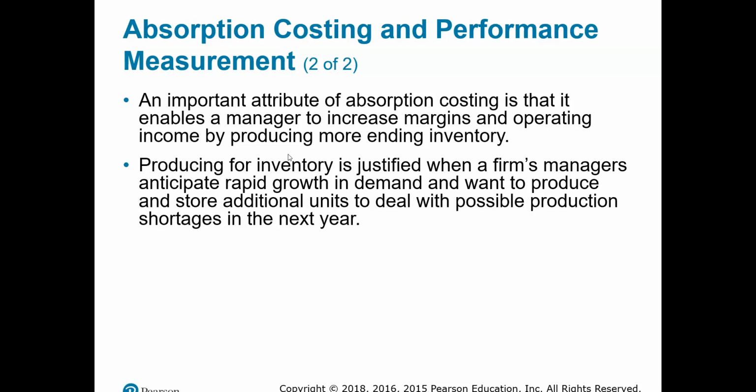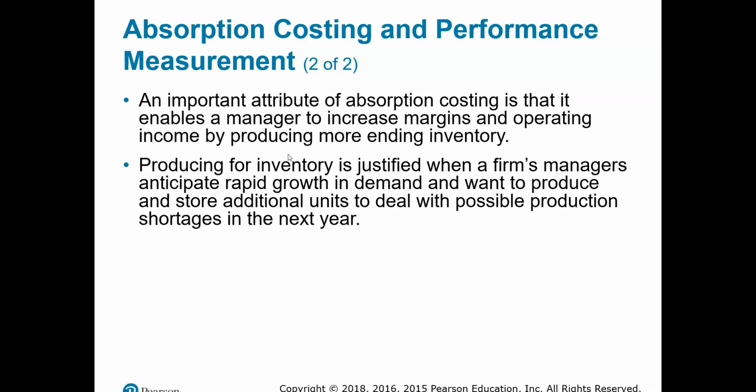That's because the same amount of fixed manufacturing costs in total is going to be reduced on an inverse basis to a cost per unit. So when we're producing more units, we can flood our ending inventory, and a lot more of that fixed manufacturing cost will be tied up in ending inventory. And if it's not expensed off, there's going to be less expenses, so my operating income is going to be higher under absorption costing if I produce more than I sold.